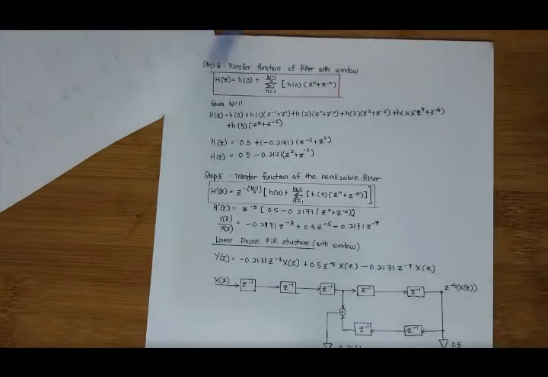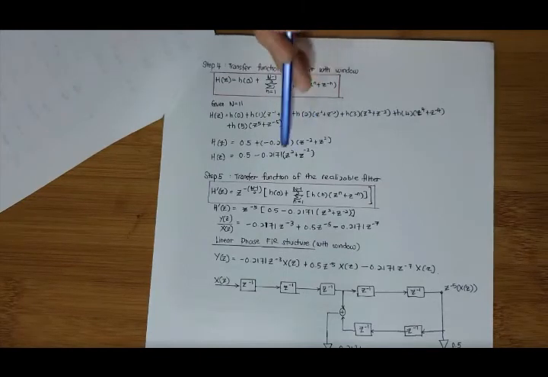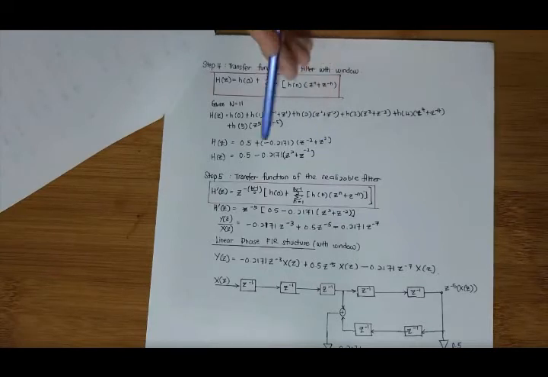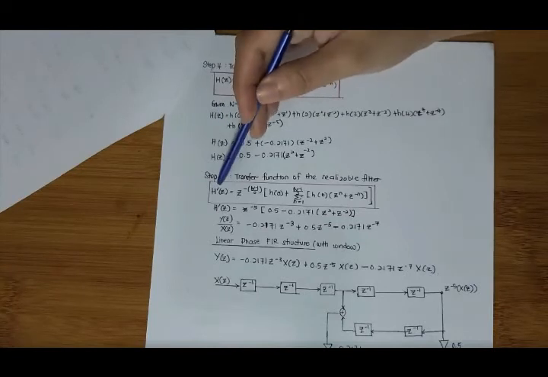From the just now questions, we know that we just have the values 0.5 and negative 0.217, and that one is just for n minus 2 and n plus 2, when your Z is power of negative 2 and power of 2. So we write down, this one is our H(z), and then we find our H prime Z.